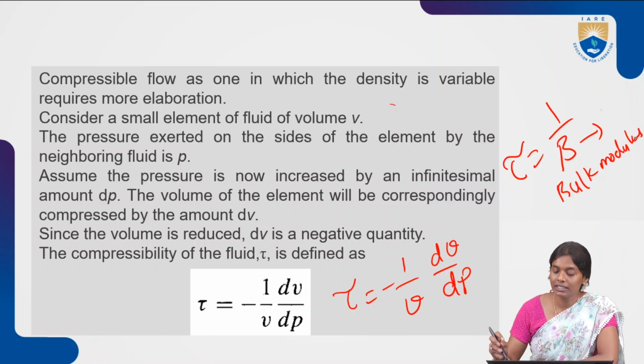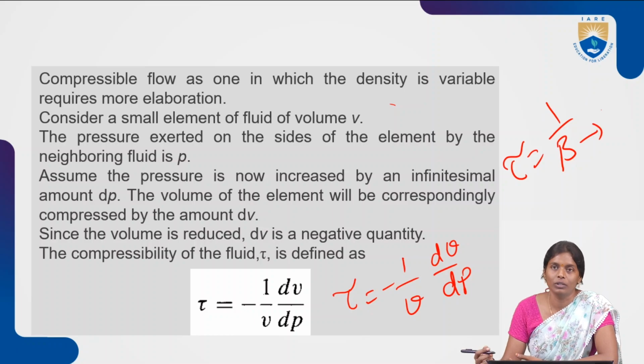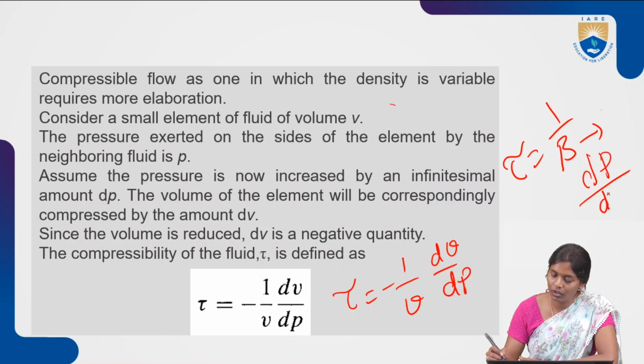The bulk modulus is the inverse of this: how much change in pressure there is per fractional change in volume, dP by dV by V. So this can be written as dV by dP into 1 by V.